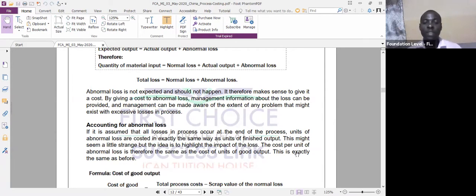So any amount we value our good output, that is the same value we will attach to abnormal loss. It is very possible that abnormal loss will have a higher cost than the normal loss in unit rates.